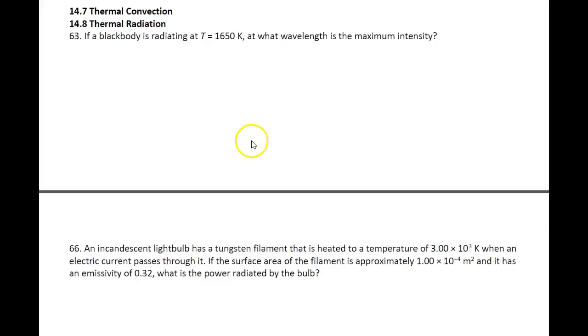For number 63, this talks about a black body. It's radiating at 1650 K. They want to know what wavelength has the maximum intensity. So here, wavelength maximum intensity times T should be equal to our constant 2.898 times 10 to the negative third meters times Kelvin.